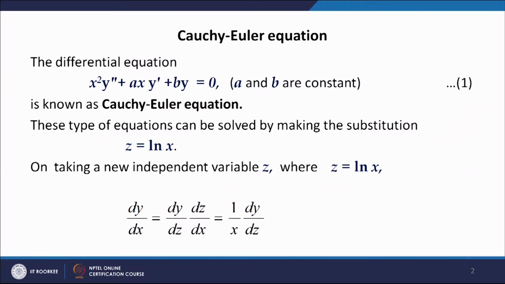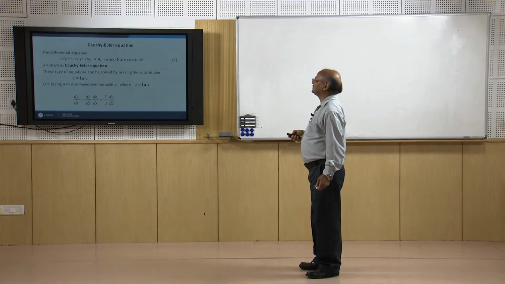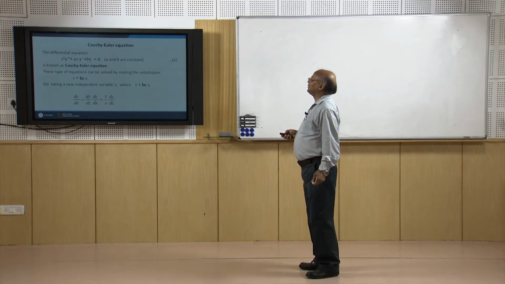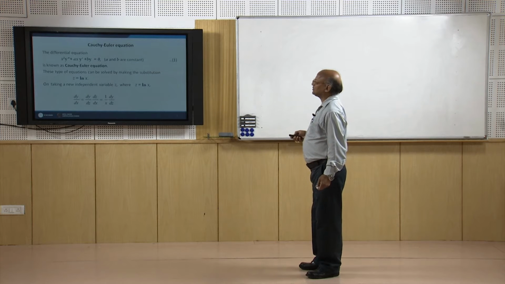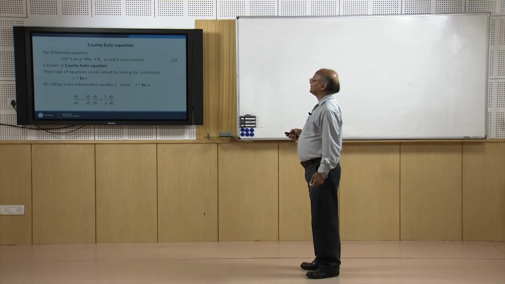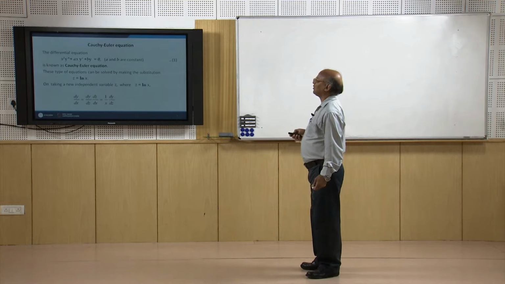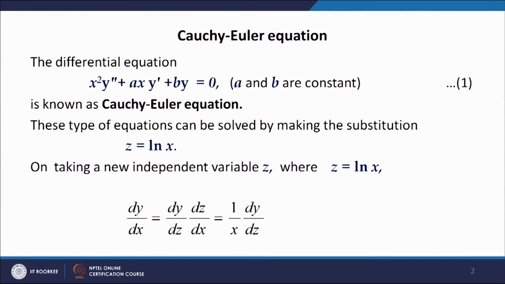Now in general, an ordinary second order linear differential equation with variable coefficients is not easy to solve, but some special classes of second order linear differential equations with variable coefficients can be solved. This Cauchy Euler equation belongs to one such class, where you can see that the power of x² is 2 and the derivative y'' is of second order.